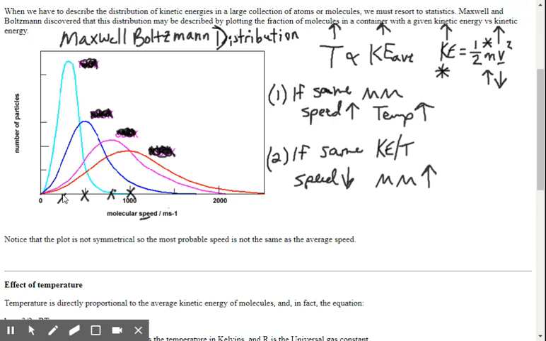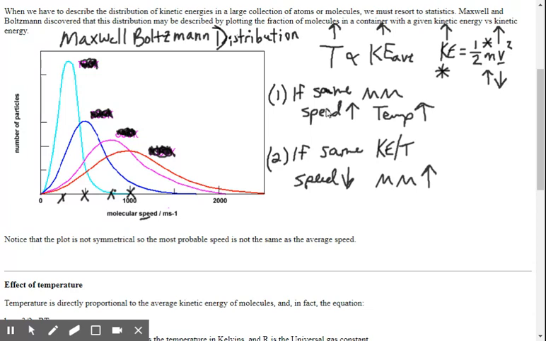Technically, I'm looking at the area under the curve. I don't know if you guys have actually gotten into that with math or not. I think it's a pre-calc concept. But if I look here, I will notice that the red line has the greatest molecular speed. So how that translates is the red line has the greatest temperature.